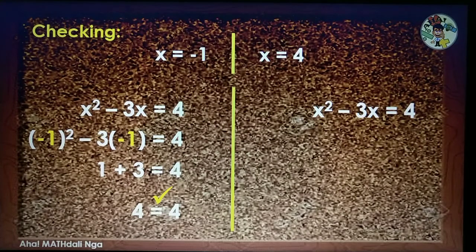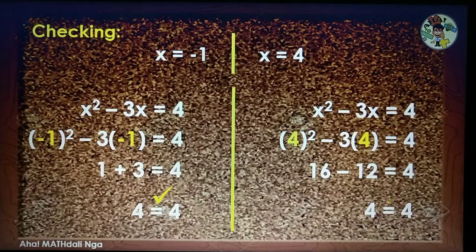Substitute 4 to x. We have 4 squared minus 3 times 4 is equal to 4. Let's simplify. 4 times 4 is 16. Negative 3 times 4 is negative 12. Equals 4. 16 minus 12 is equal to 4, which is equal to 4 at the right side of the equation.